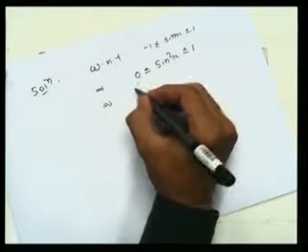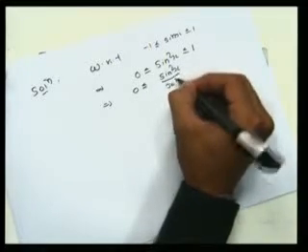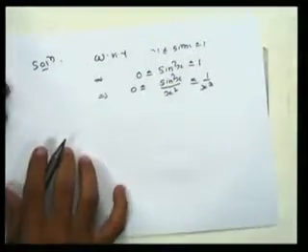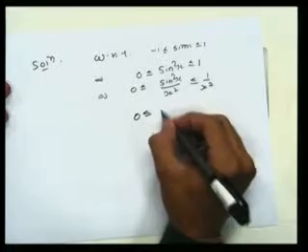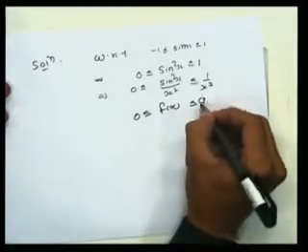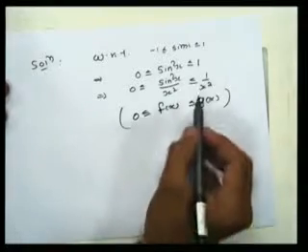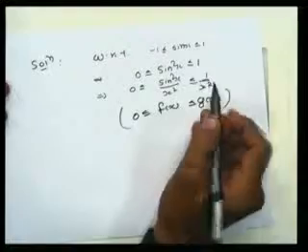Thus we have 0 less than or equal to sine square x upon x square less than or equal to 1 upon x square. So it is in the form 0 less than or equal to f of x less than or equal to g of x. Now here we can determine the nature of the integral of 1 upon x square.